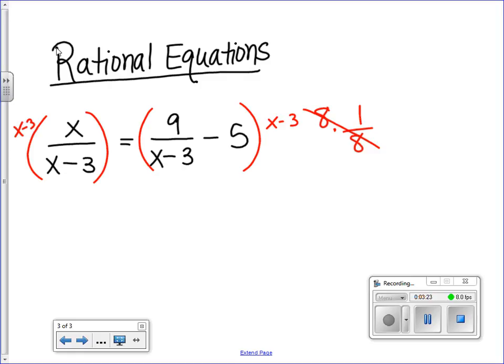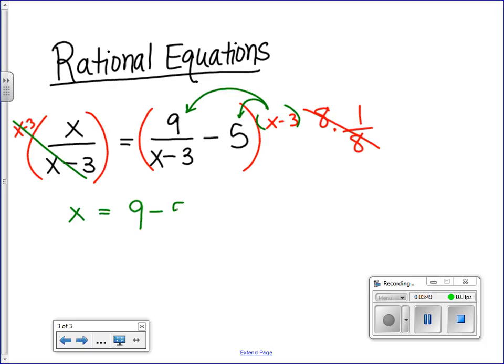Over here, when I multiply times x minus 3, it's just x, so it cancels out. Now I have to multiply x minus 3 times this one, and times that one. When I multiply it times this one, it's just 9. What happens when I multiply it times this one?